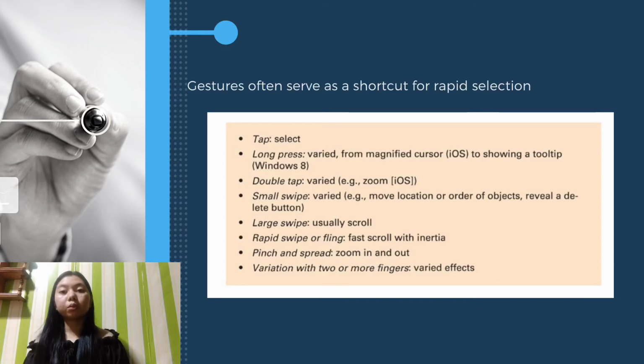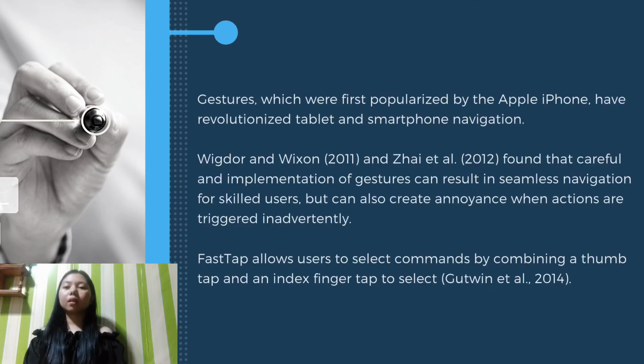Example is to move location or order of objects, reveal a delete button. Large swipe, usually scroll. Rapid swipe or fling, fast scroll with inertia. Pinch and spread, zoom in and out. Variation with 2 or more fingers, varied effects.